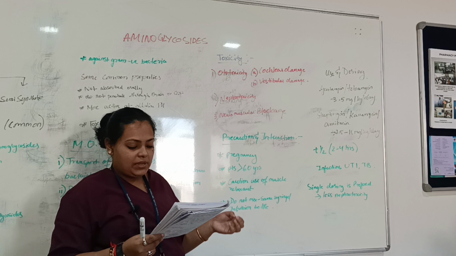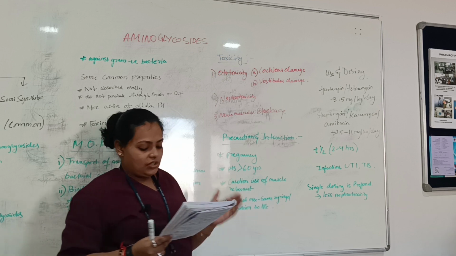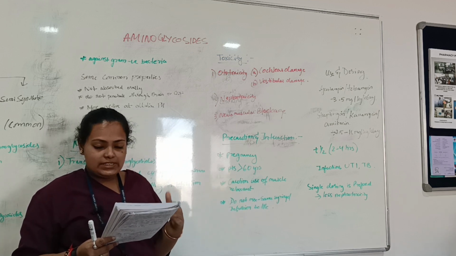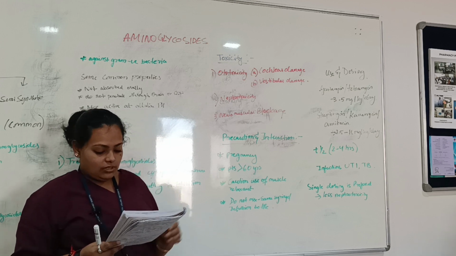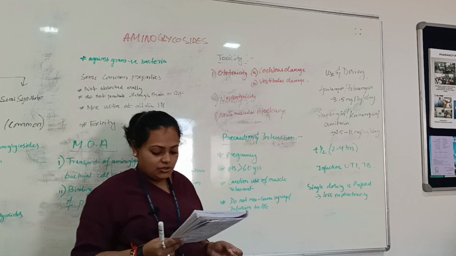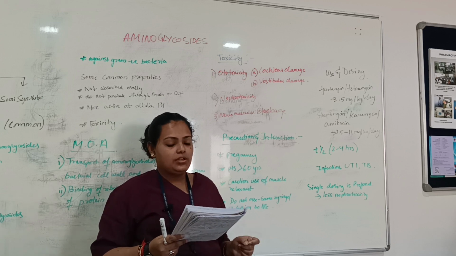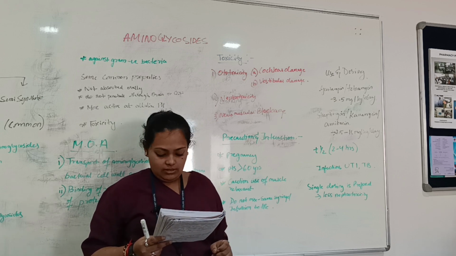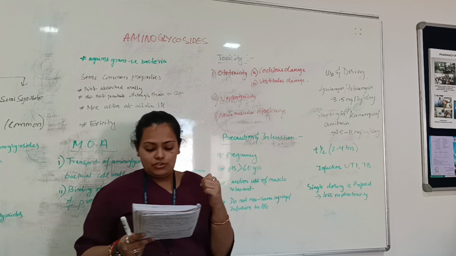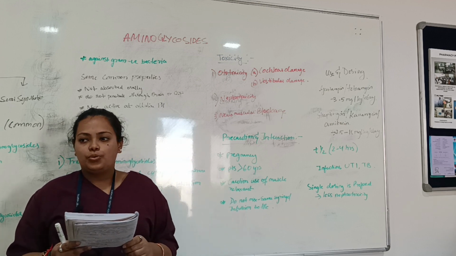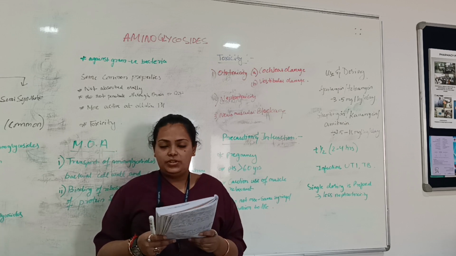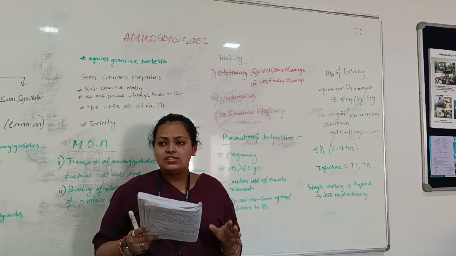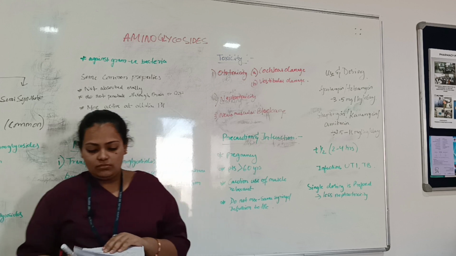Ototoxicity is greater when the plasma concentration of the drug is persistently high above the threshold value. For example, gentamicin dose should be guided by measuring plasma drug concentration. Aminoglycosides like eardrops can also cause ototoxicity, so they are contraindicated in patients with perforated eardrums.